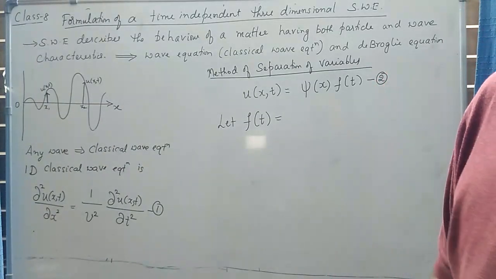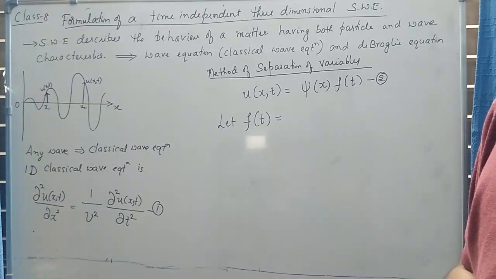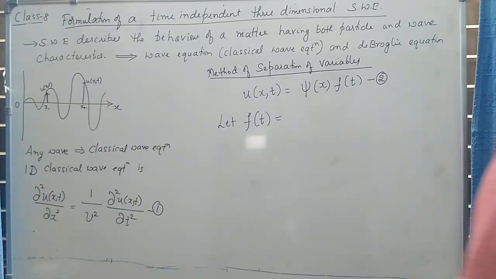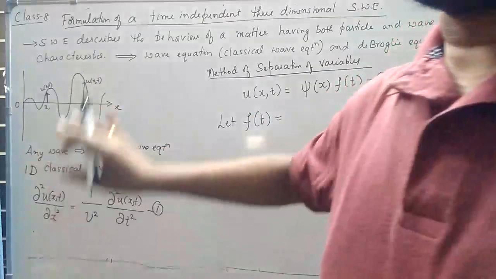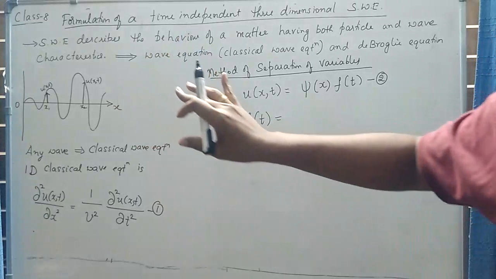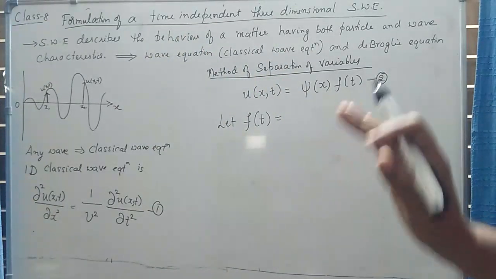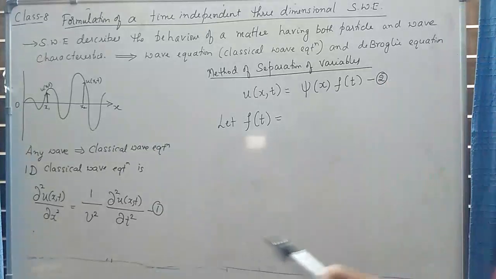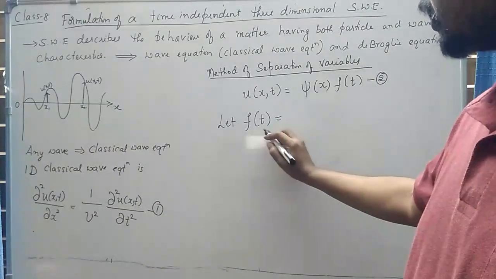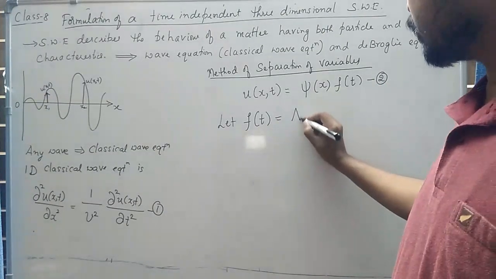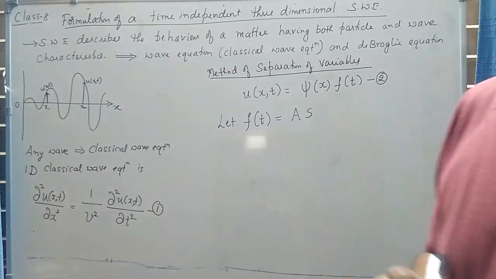It may be periodic with respect to time, but it will not be periodic with respect to position. So since any wave, whether it is a light wave or a particle wave, is always periodic in nature with respect to time, we will set this function by an equation which represents a periodic function.